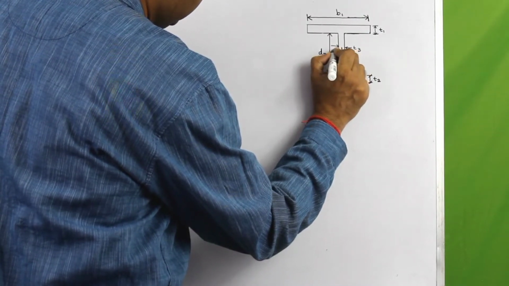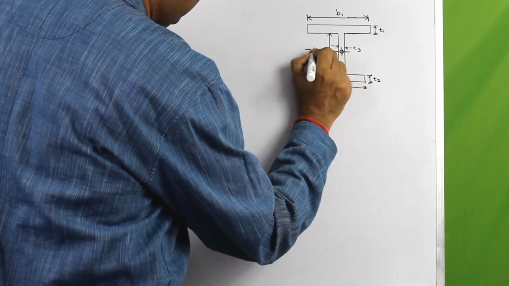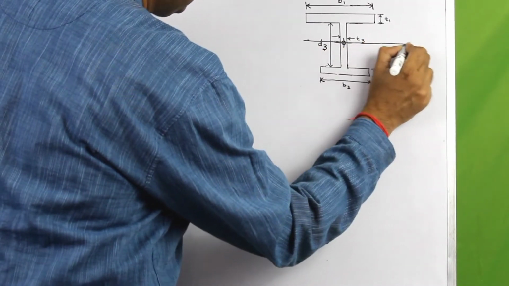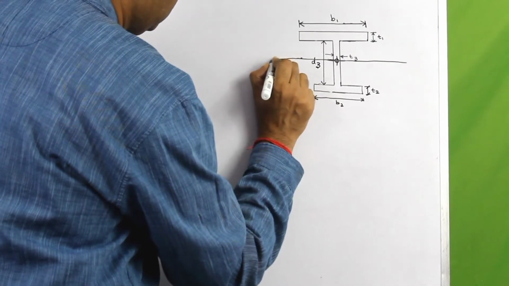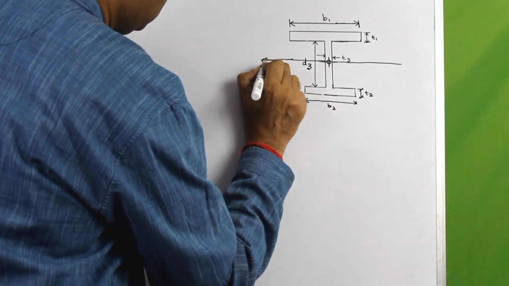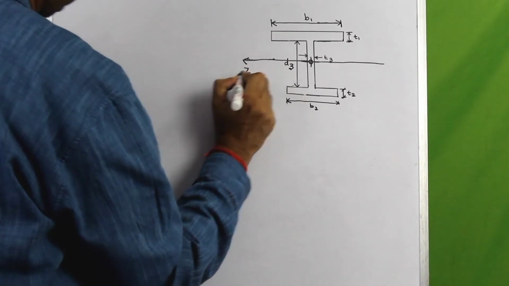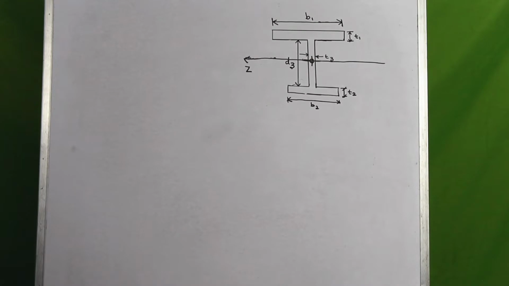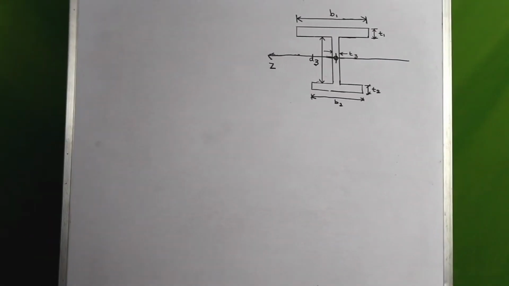So let this be the centroid of the whole cross section, and let this be the horizontal axis about which we are interested to find. Let us call that axis Z, and so this is the axis about which we are interested to find the moment of inertia.